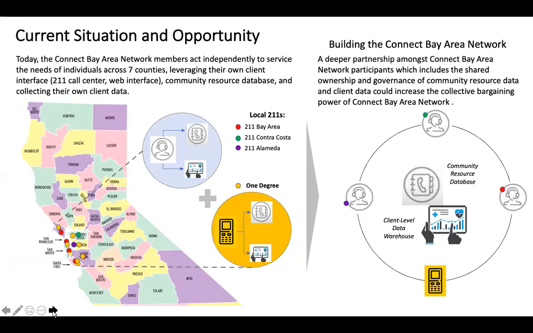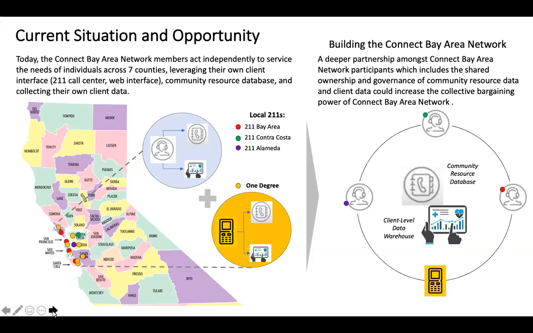So this is the current situation at hand. We are now partnering with a lot of the 211s within the Bay Area. And we started noticing that although they're under the label of 211, there's some connection, but they're all really individually based entities.